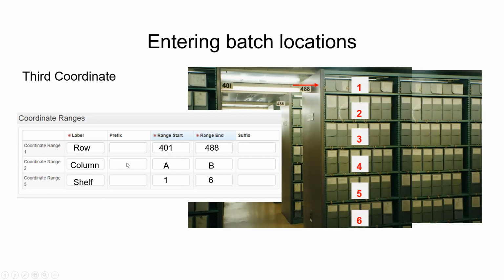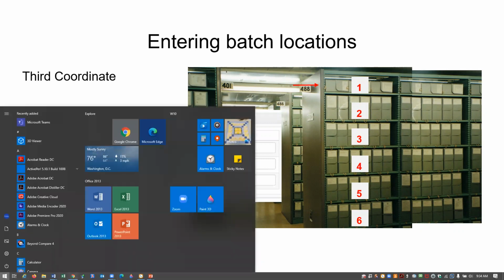Each column has 6 shelves. So if the columns were A through E, across, and then each of them have 6 shelves, then at this point, if we create them, we're creating a massive range of locations down to the shelf all at once. So let me skip back over to ArchivesSpace and I'll do that.